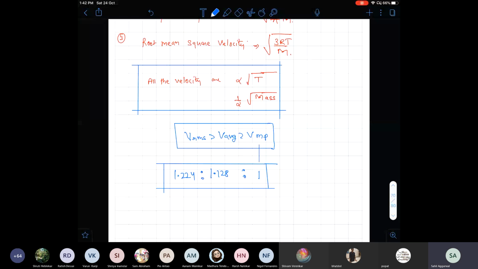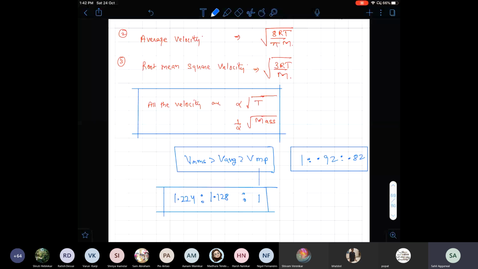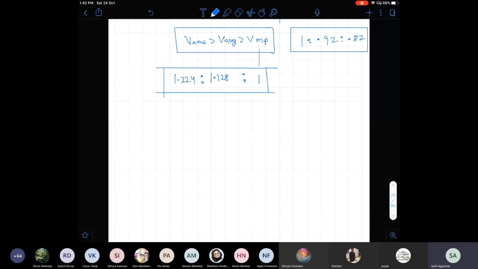If VRMS is 1, then average will be 0.92 and most probable will be 0.82. Both sides you should remember. If most probable is 1, then VRMS will be 1.224. Understood?